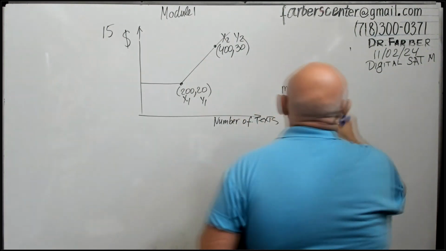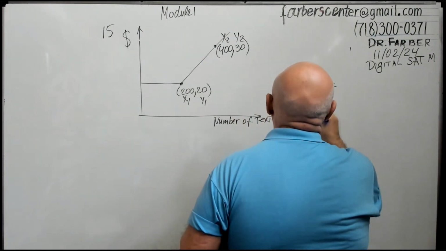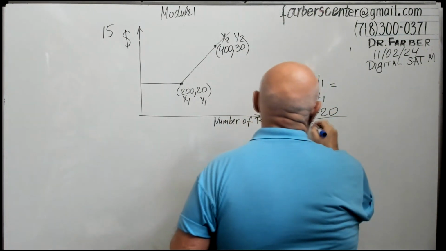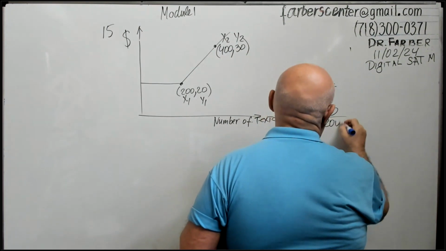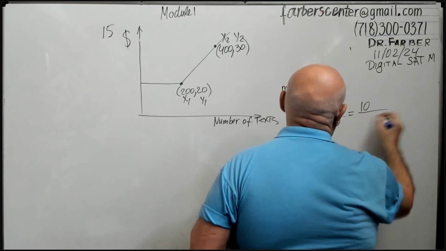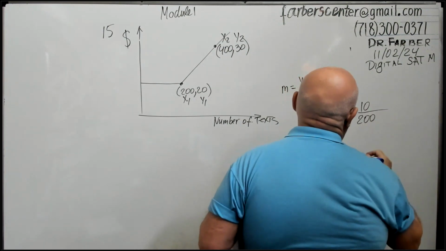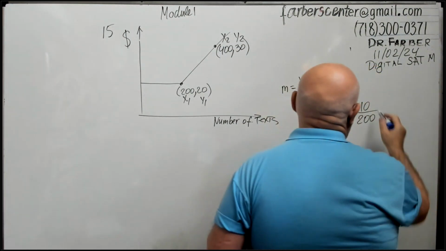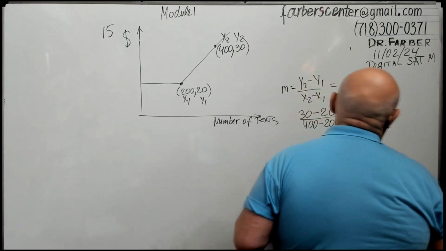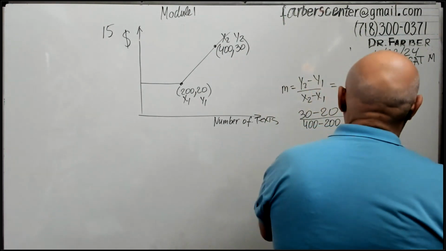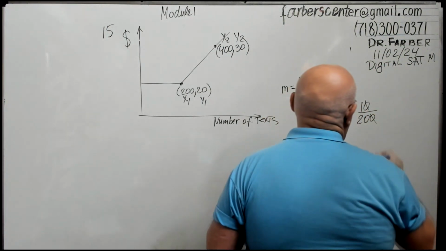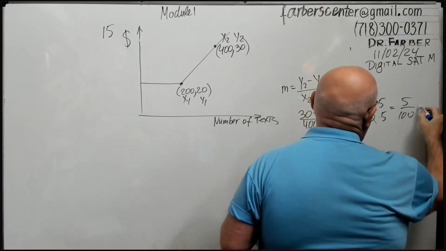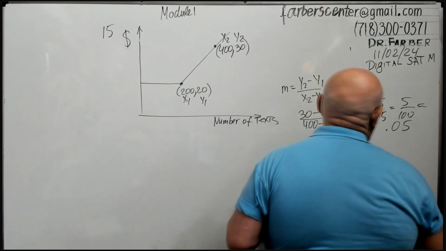You plug in here: 30 minus 20, divided by 400 minus 200. It would be 10 over 200, right? Or since they have decimals, I multiply. 10 over 200 is 1/20, and multiplied by 5, it will be 5/100, or 0.05. This is my slope.